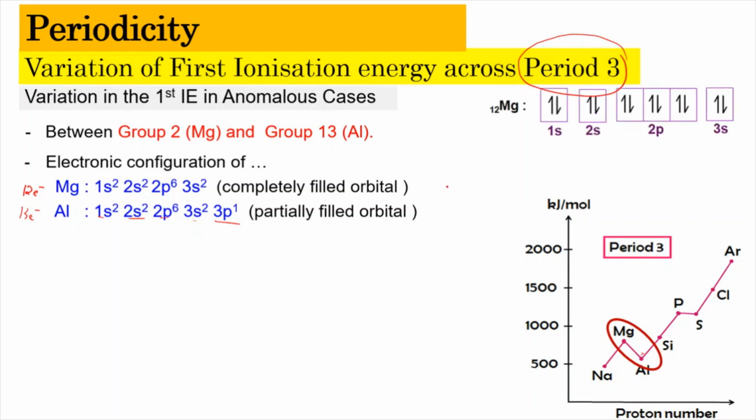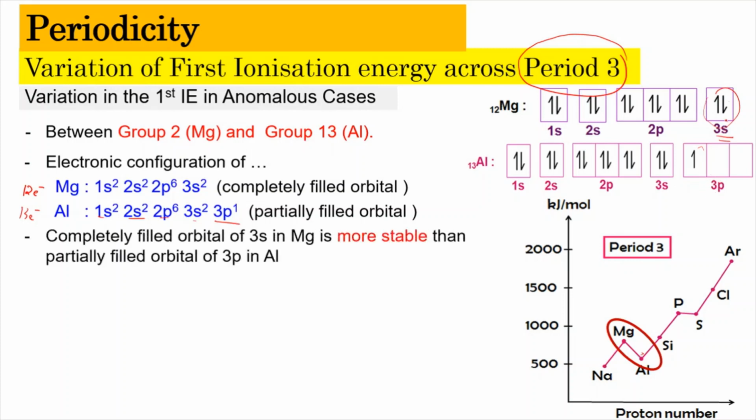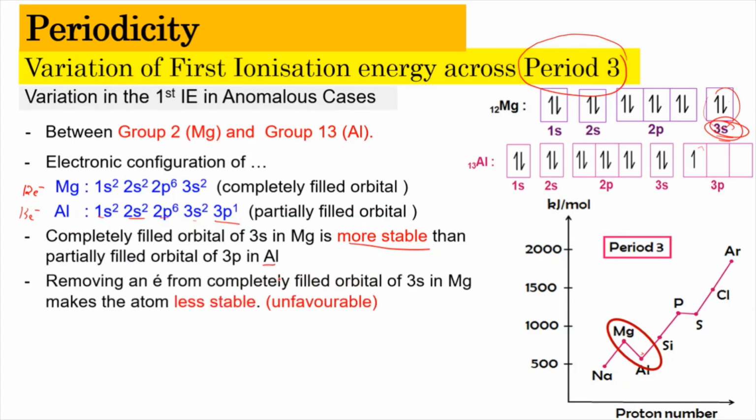In terms of the orbital diagram, magnesium will have a completely filled orbital at the 3s. Meanwhile, aluminium is going to have a partially filled orbital at the 3p. So the completely filled 3s orbital in magnesium is more stable than the partially filled 3p orbital in aluminium.